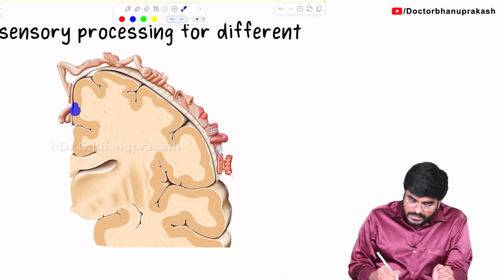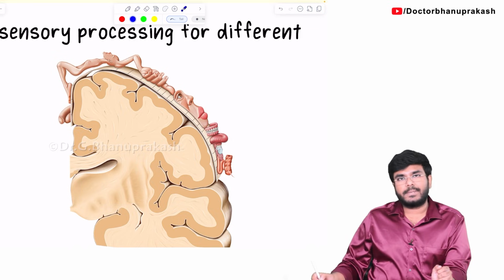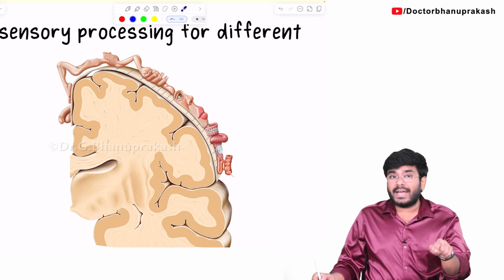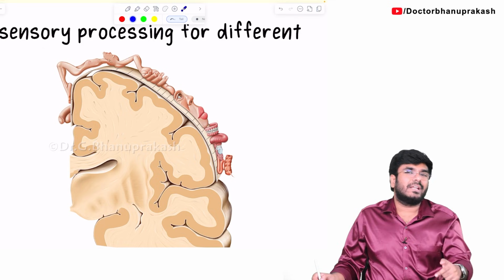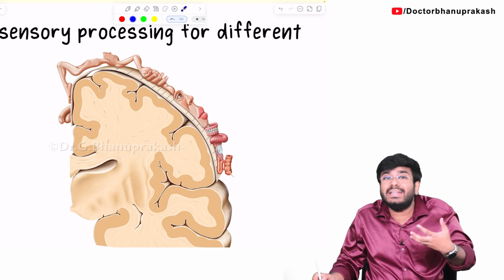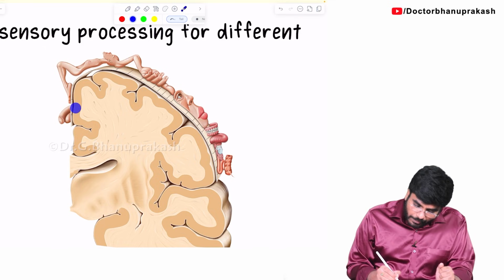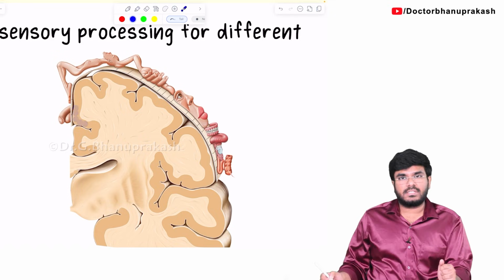You are going to feel the sensations in this part of the somatosensory cortex. Actually you will feel like, sir, I can feel the sensation in the genitals, but although the stimulation is in the genital, the actual sensation that you feel is happening in the somatosensory cortex. So this is the part where you are feeling the sensation from the genitals.